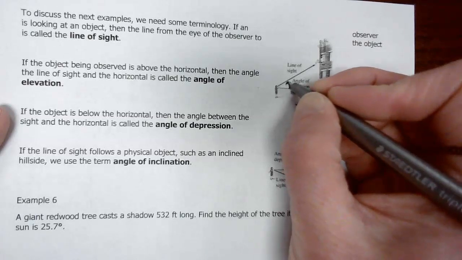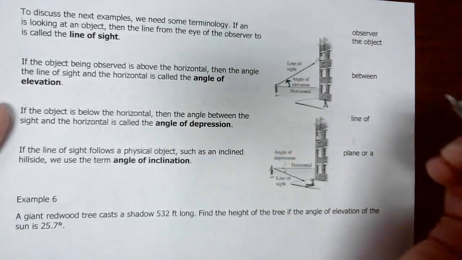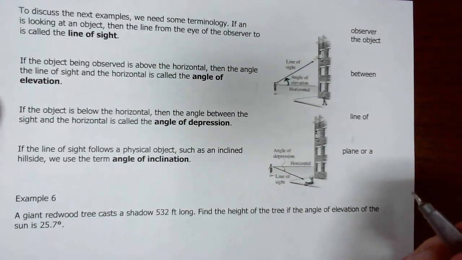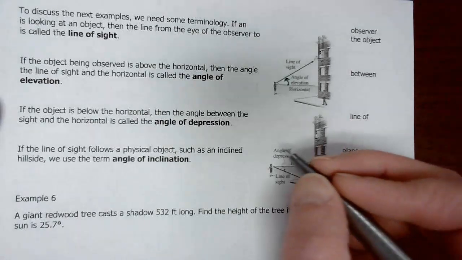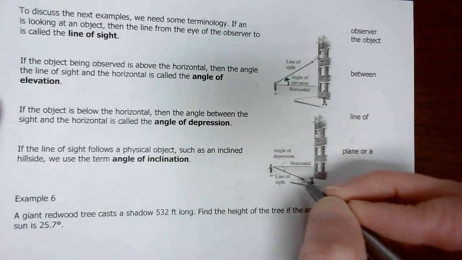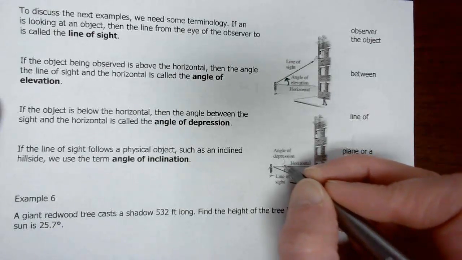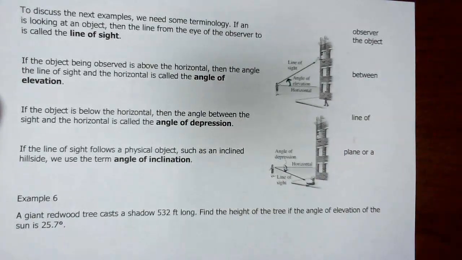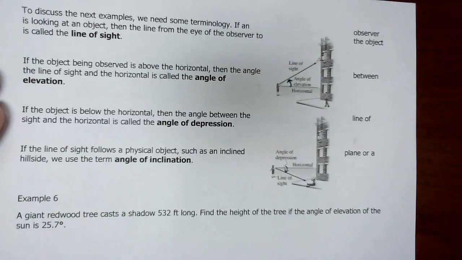This would be considered an angle of elevation because I'm looking up. Now, if I was looking at something down, I would have an angle of depression because from my line of sight straight ahead to something that's below me, I would have an angle of depression.